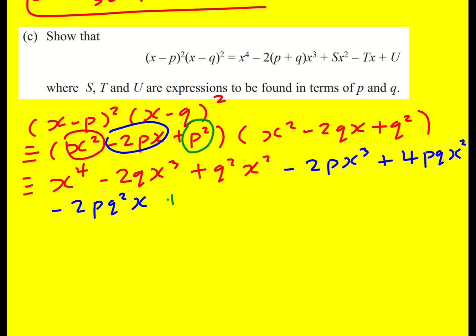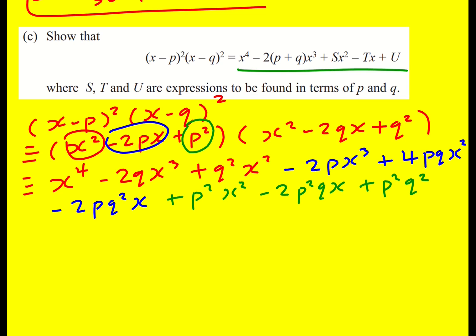And this last one, and it's starting to look a little bit like this. Just need to bring it together.